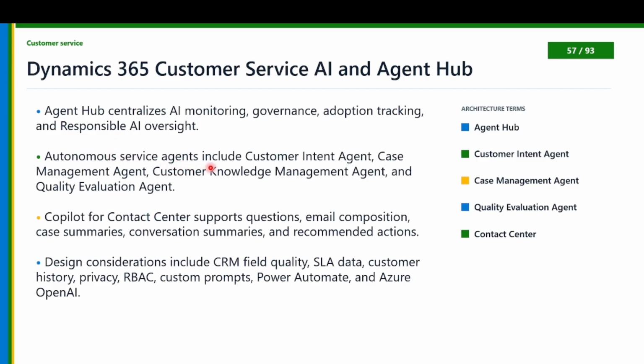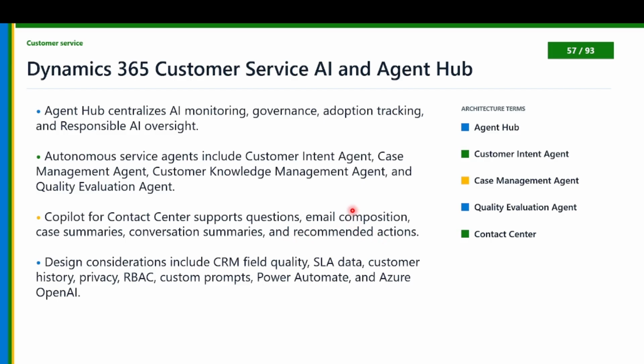So autonomous service agents include customer intent agent, case management agent, knowledge management agent, and quality evaluation agent. So these are the autonomous service types of agent that you can easily deploy on this platform as a use case for business solutions. So Copilot for contact center supports questions, email composition, case summaries, conversation summary, recommended actions.